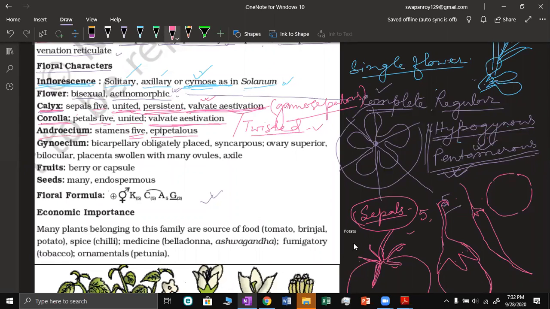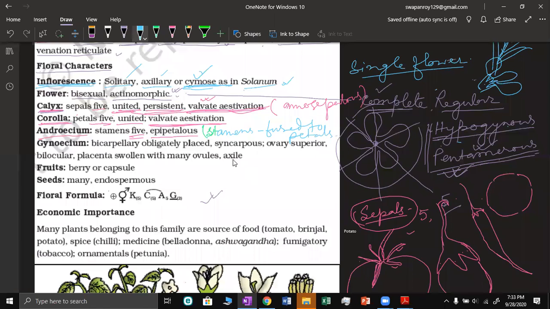Remember what is epipetalous? Epipetalous means that the stamens are fused to the petals.